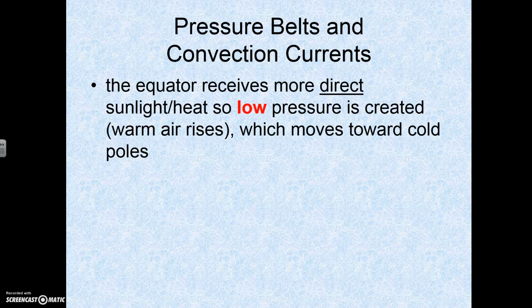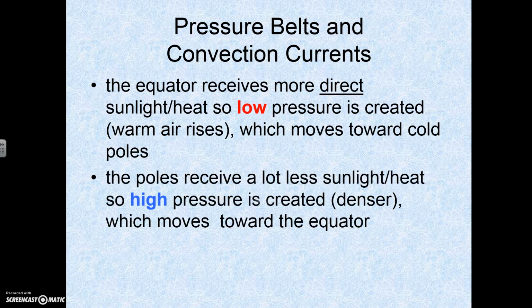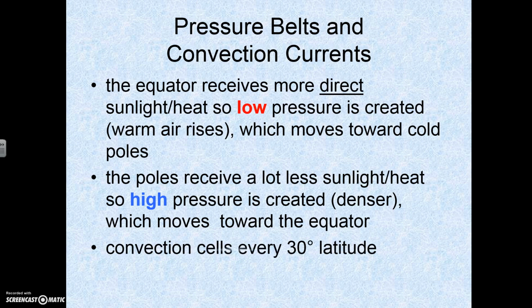And the equator receives more direct sunlight, so there's a lot of low pressure there, which moves towards the cold poles. So we're going to see this on our little half globe in a second. And the poles receive a lot less direct sunlight, so there's a lot of high pressure there, which creates the air to move towards the equator.